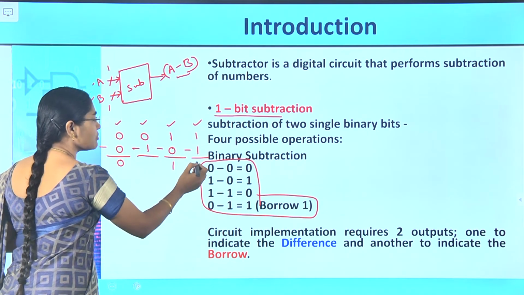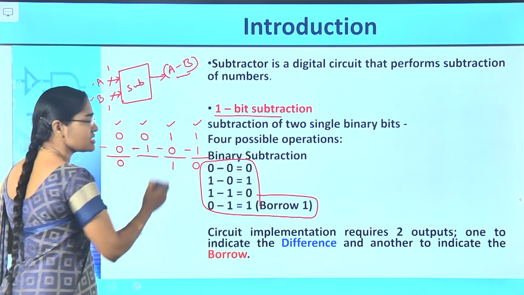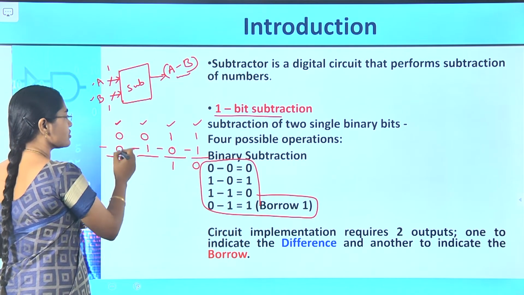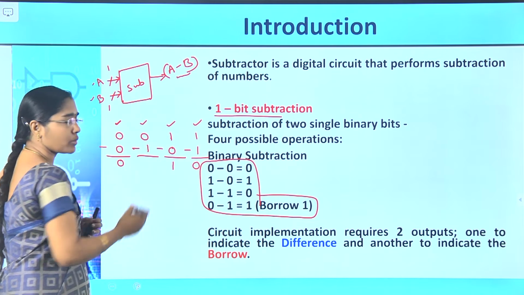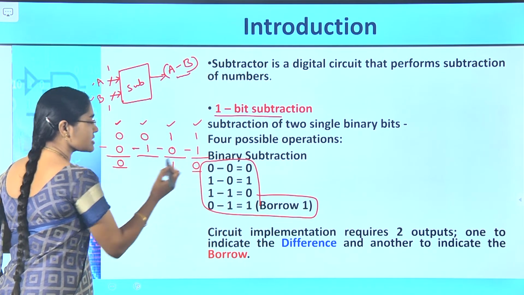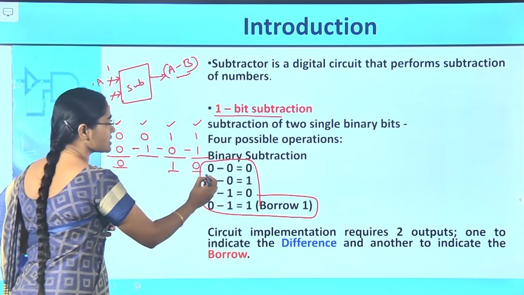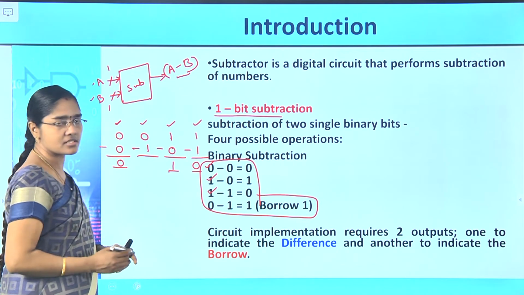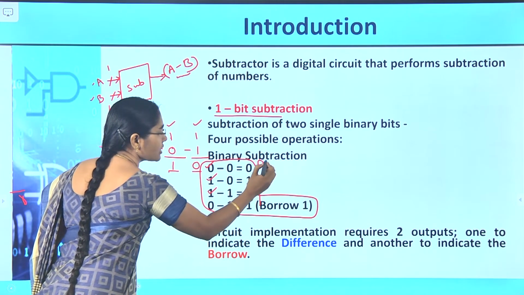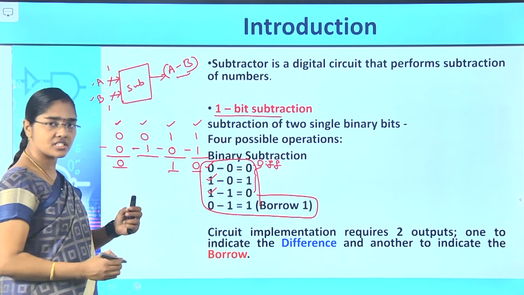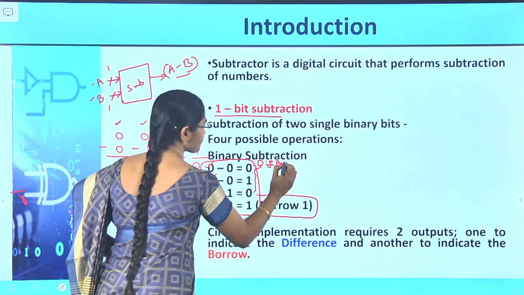And 1 minus 1, both are equal, therefore difference is 0 and borrow is not required. For these three cases, 0 minus 0, 1 minus 0 and 1 minus 1, A minus B produces only differences, borrow is not required.